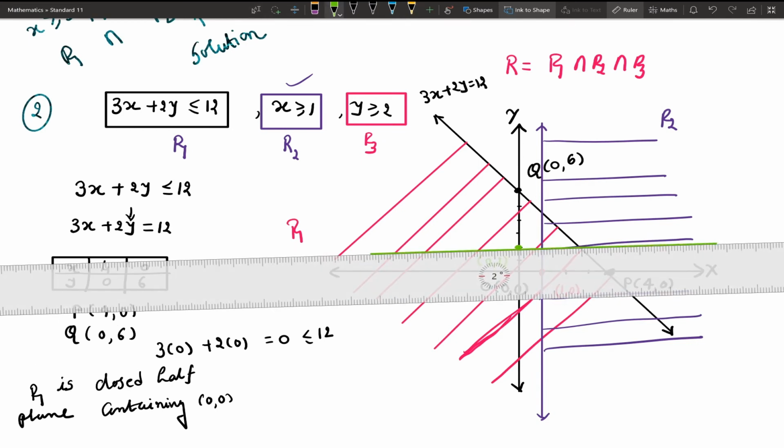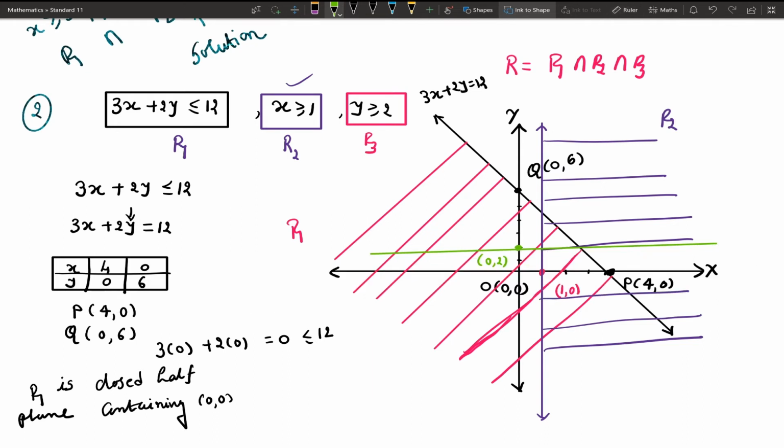So this is the line y equal to 2, but y greater than or equal to 2. So this is region R3.